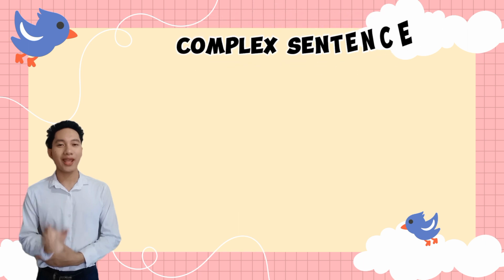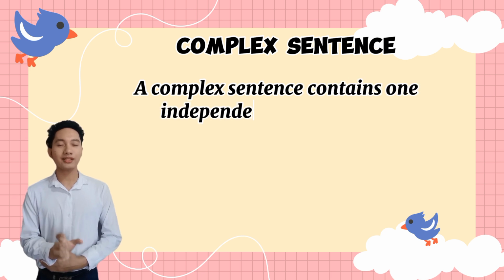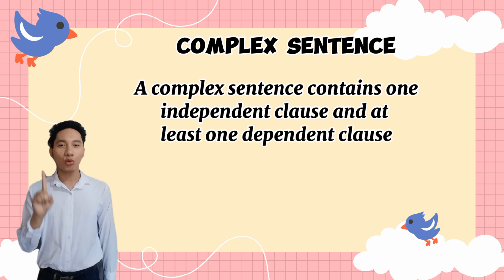So the third structure of sentences is the complex sentence. Again, what is a complex sentence? Well, a complex sentence contains one independent clause and at least one dependent clause. In compound sentences, it consists of two independent clauses joined by a conjunction or a semicolon, right?